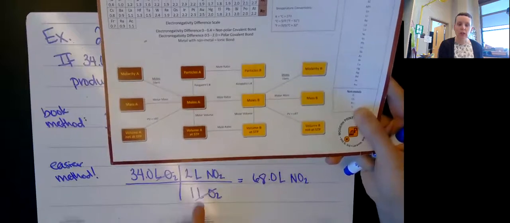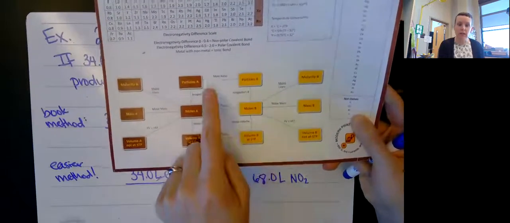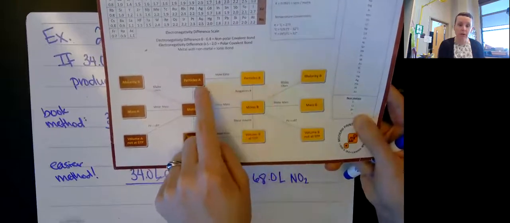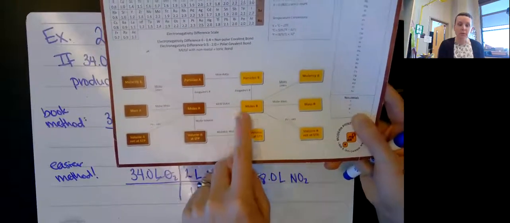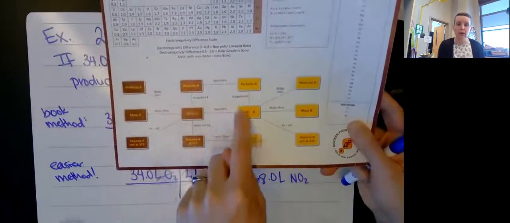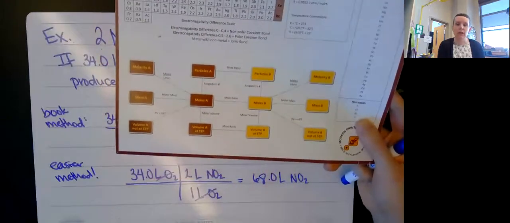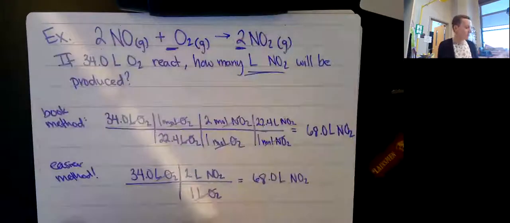We use the mole ratio in liters because it is allowed to be used in liters. It's allowed to be used in molecules, particles, okay? And it's allowed to be used for moles. And it's the same ratio all the way across. The book wants you to go molar volume, mole ratio, molar volume, but that's 3 steps instead of 1. Use this and you should be able to do every single problem in our stoichiometry calculations in this class, okay?